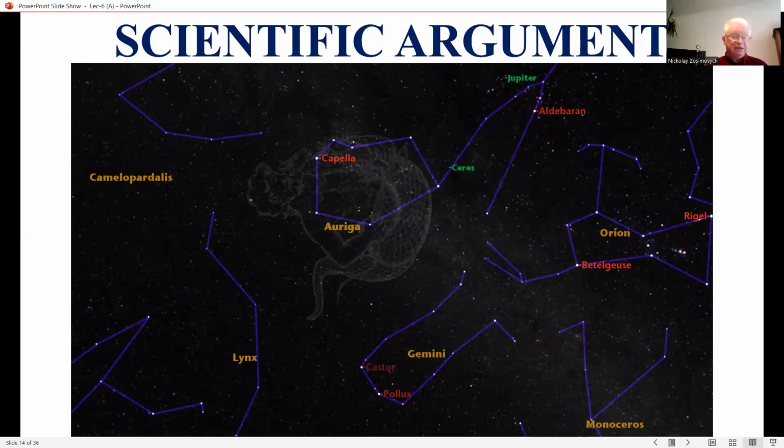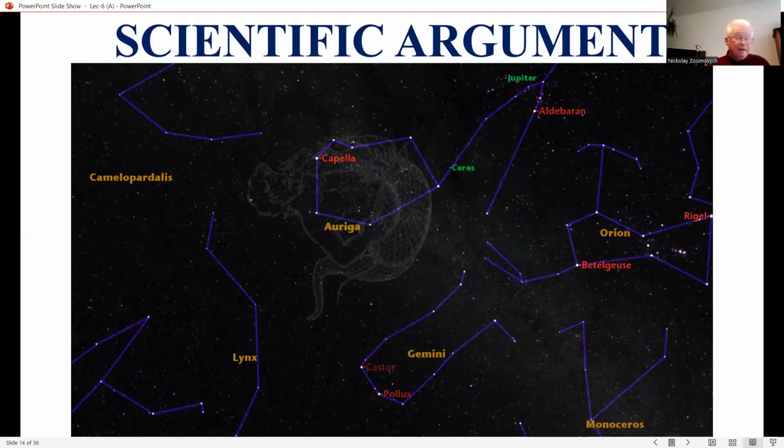If it has the same surface temperature as the Sun, but is 100 times more luminous, then it must have a surface area 100 times greater than that of the Sun.